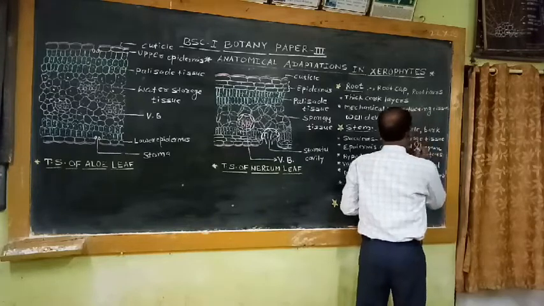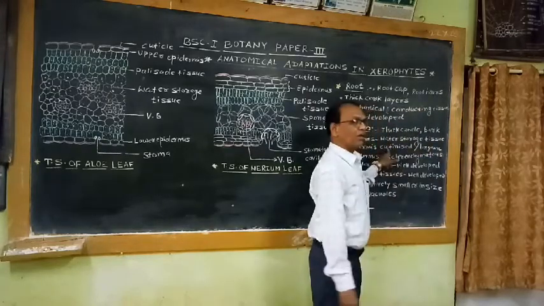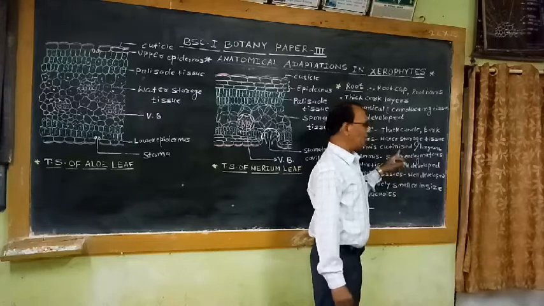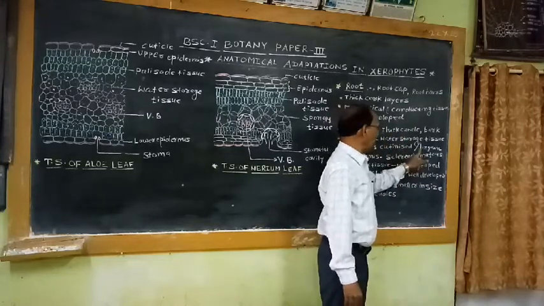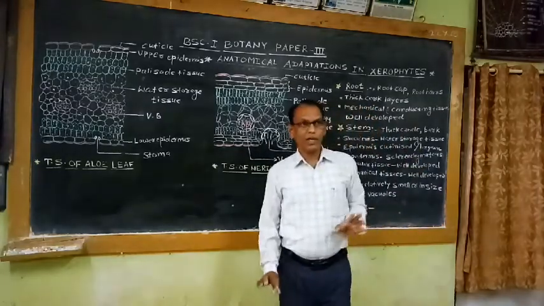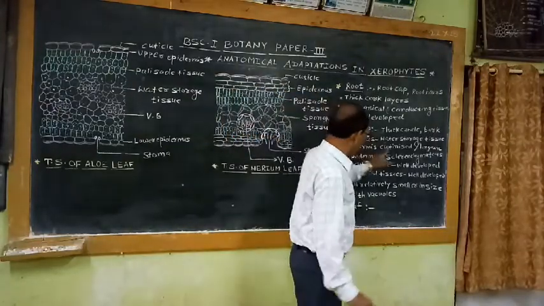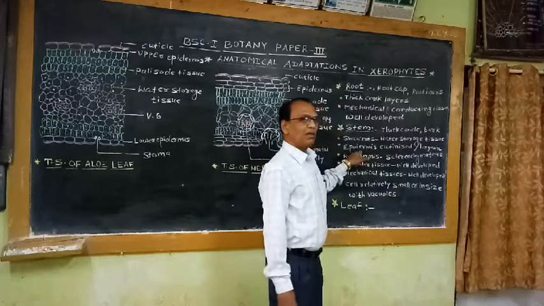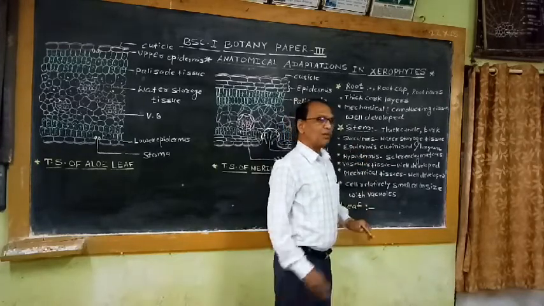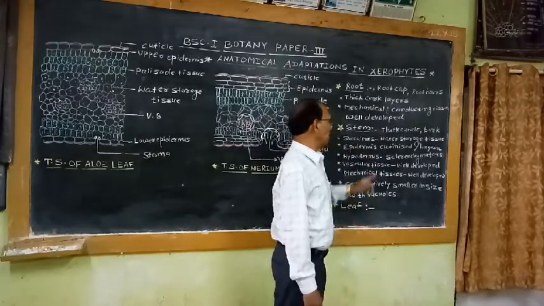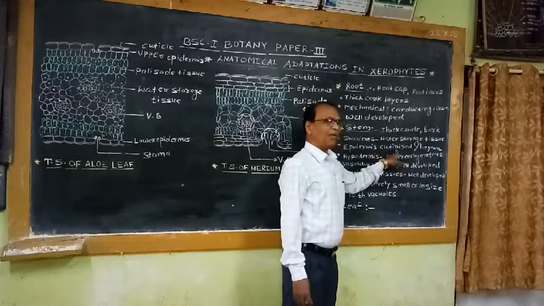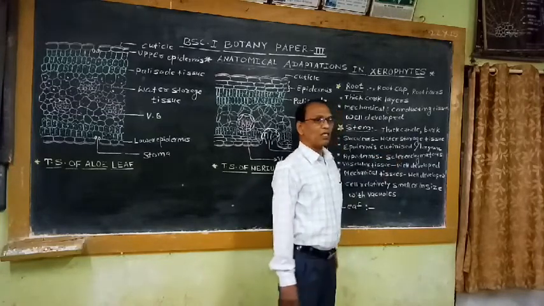So that means the cuticle may be made up of the fatty substance cutin, or it may be made up of lignin. That means lignified walls or cutinized walls are present on the epidermis. That means the epidermis is additionally covered or coated with the fatty substance cutin, which is commonly known as cuticle.